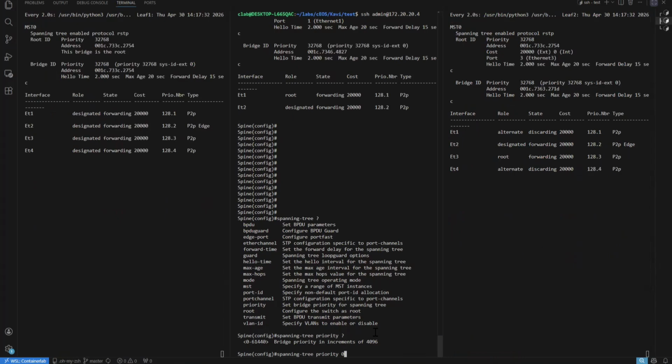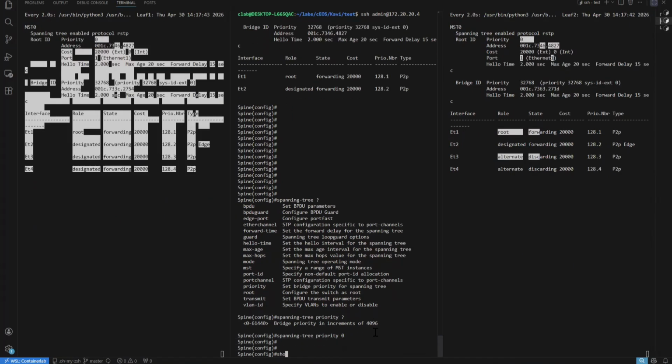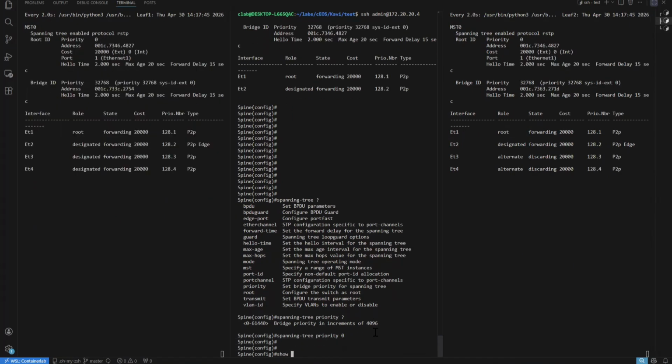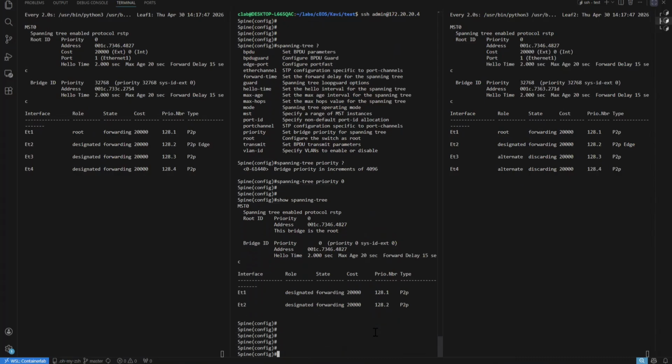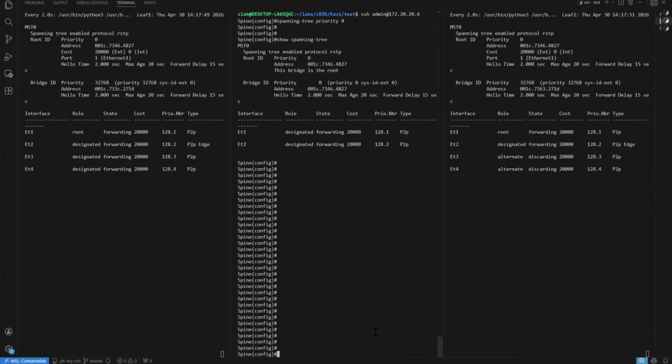The spanning tree should converge, and you should be able to see that on both leaf 1 and 2. Now you can see spanning tree is converging. You can see the spine is the root bridge, and the bridge priority is 0, which is the lowest possible.